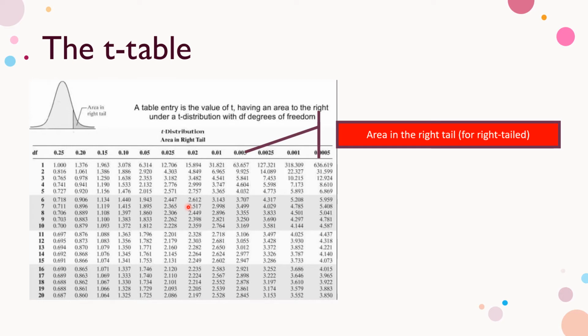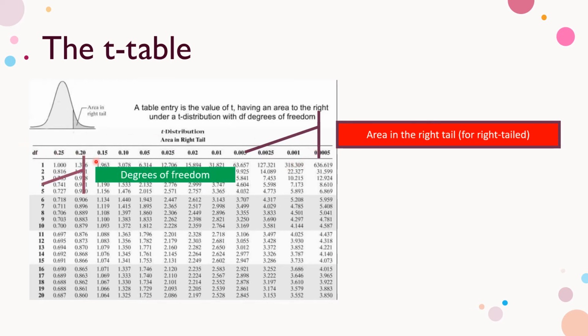So in our table here, we have the areas in the right tail shown on the first row. So 0.25, 0.20, 0.15 until 0.005, those are our areas in the right tail, because this is a right tail distribution. If this is a left tail distribution, then these will be the areas in the left tail.